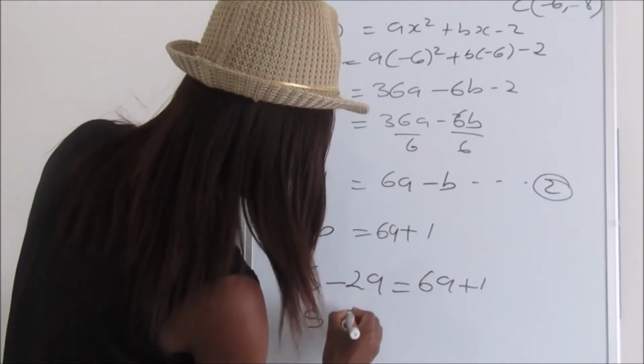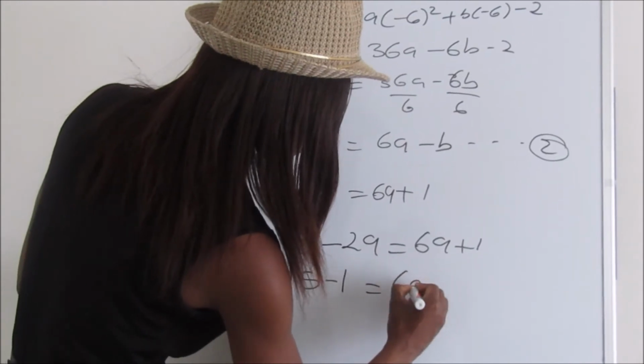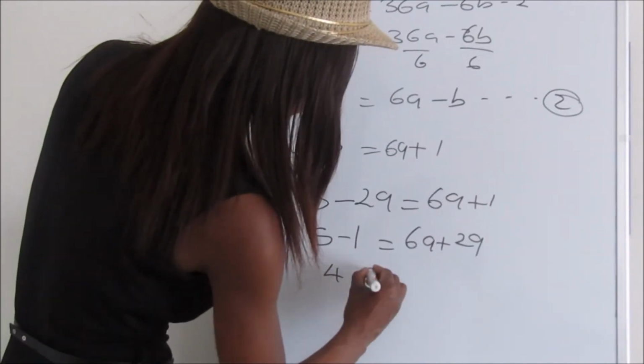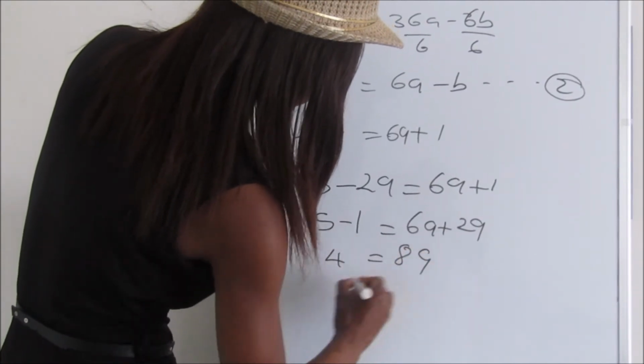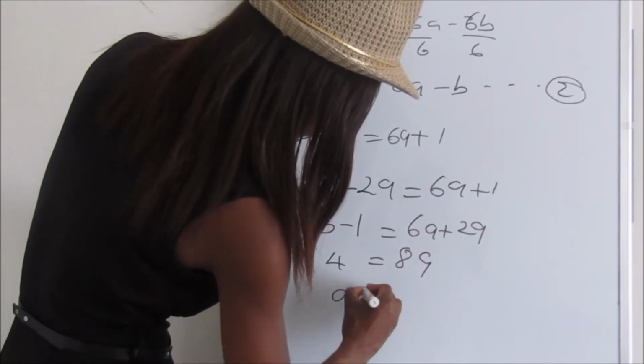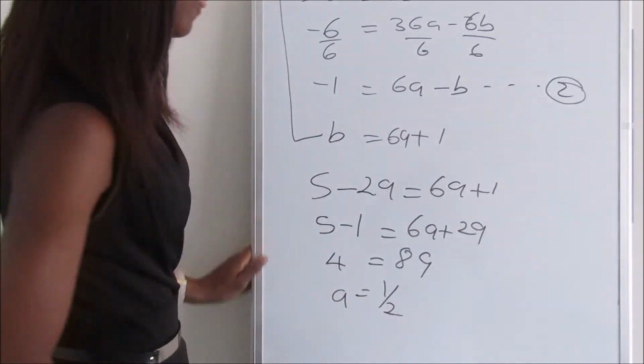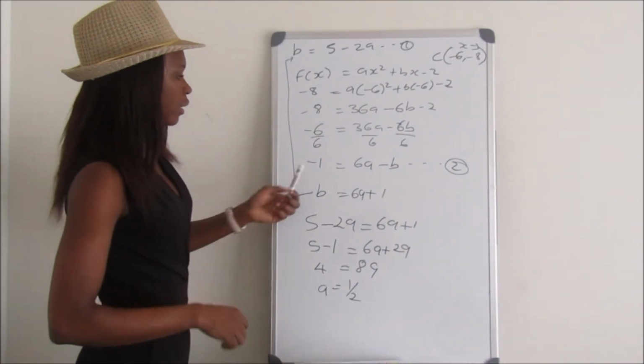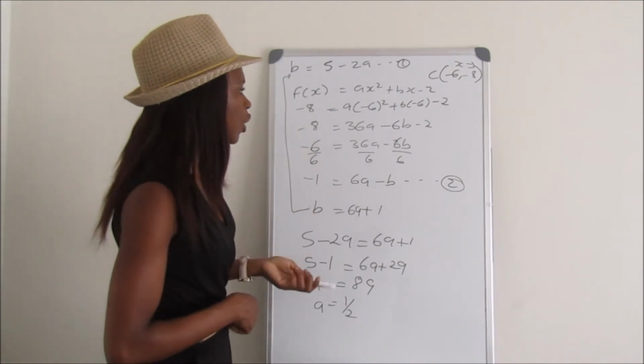Grouping them together, 5 - 1 = 6a + 2a, so 4 = 8a, and a = 1/2.